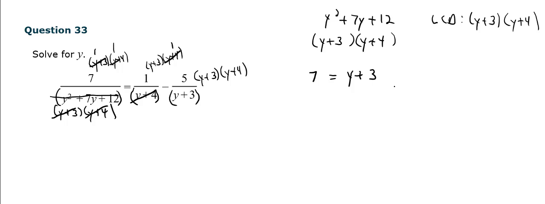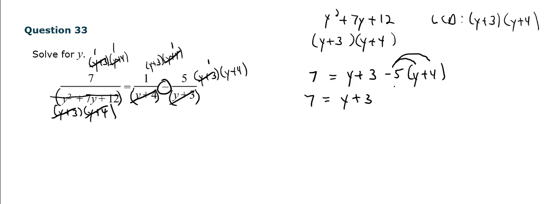And last, y plus 3 goes into y plus 3 one time, leaving us negative 5. Make sure you take that sign with you, times y plus 4. So using the distributive property, we multiply negative 5 times each term, and that gives us negative 5y minus 20.